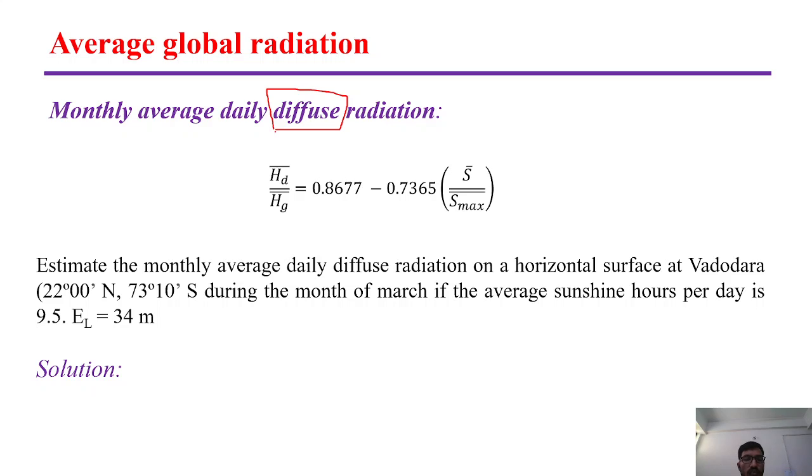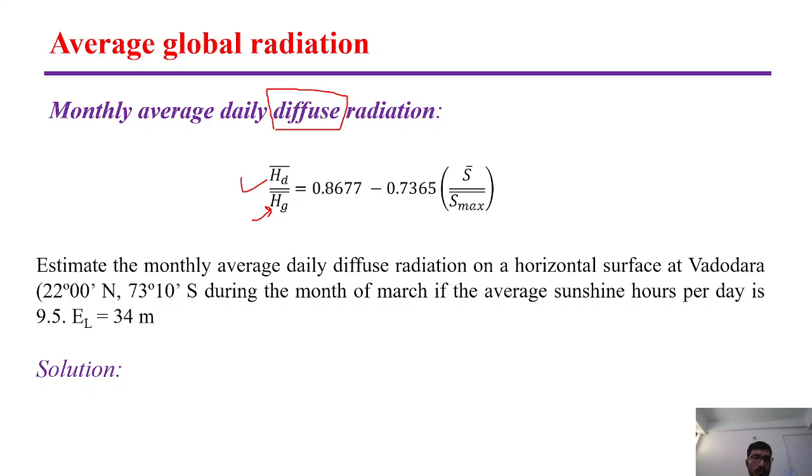So again the formula is slightly different. We have to calculate the daily diffuse radiation, HD bar divided by Hg bar. Hg bar we have calculated previously, the daily G for the global radiation, that will be a function of S upon S max.